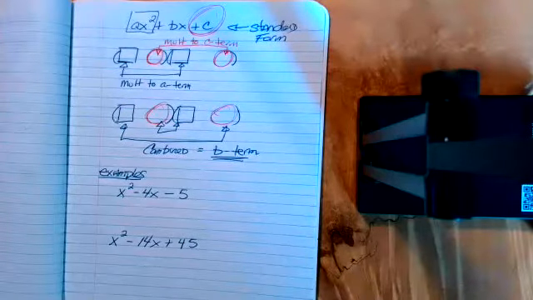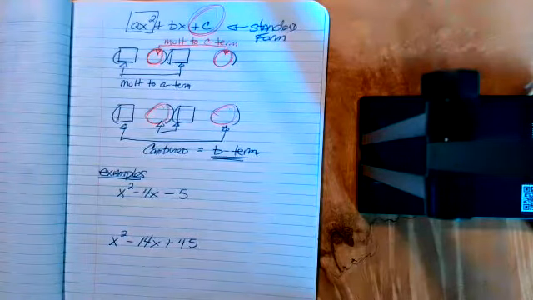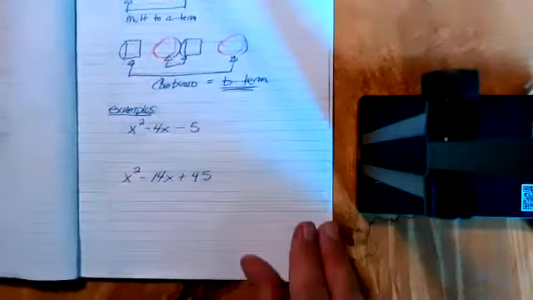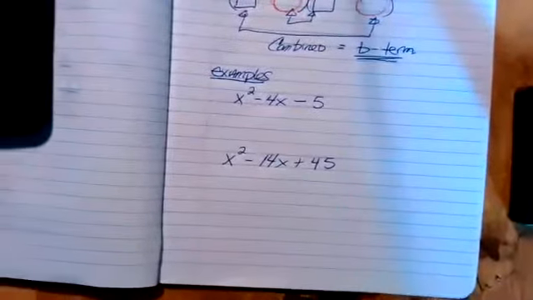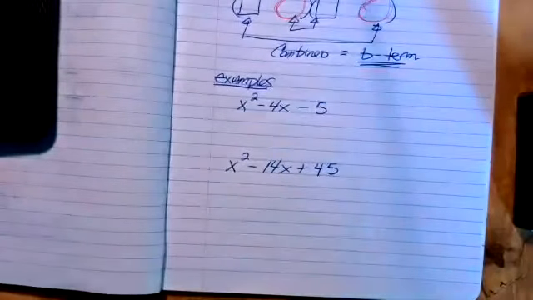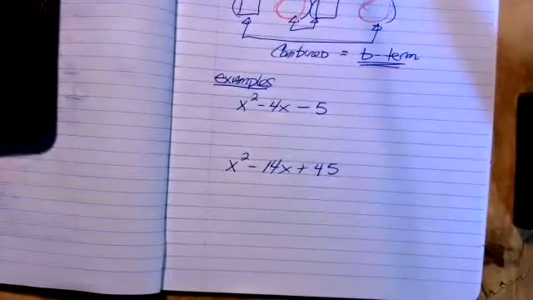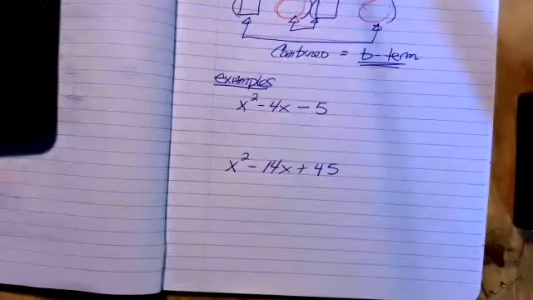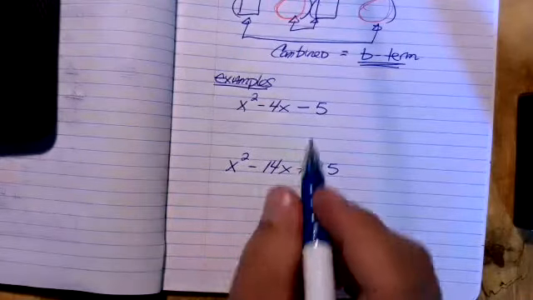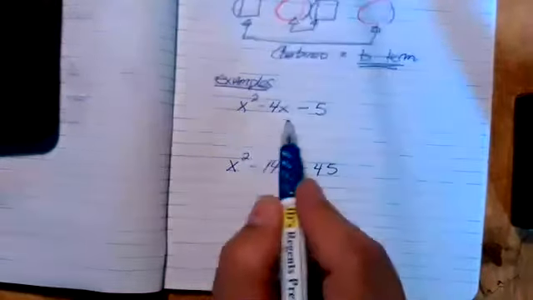So here are two examples you could try. In these examples, the first thing I do is look for a GCF.